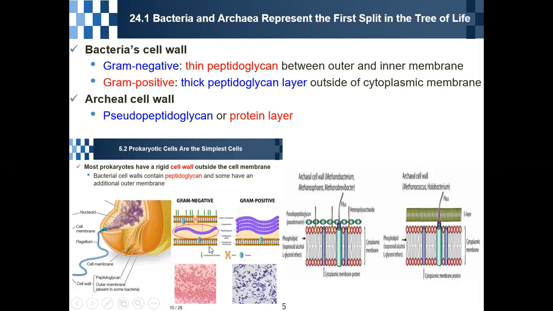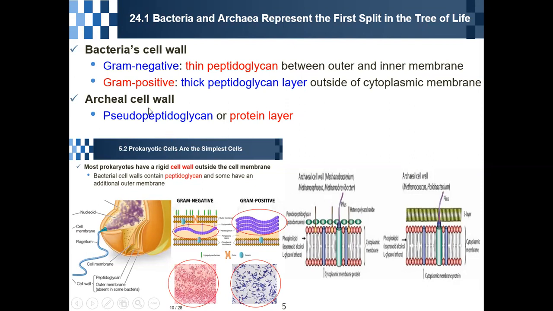How about gram-positive? They have a very thick peptidoglycan layer outside of the cytoplasmic membrane. That's why after gram staining, gram-negative bacteria look pink, and gram-positive bacteria look purple, a dark color, like this.